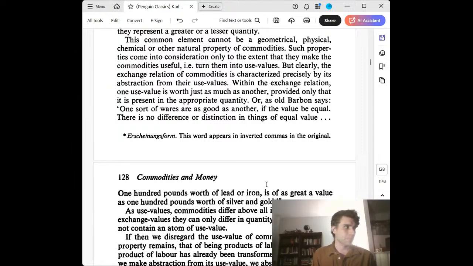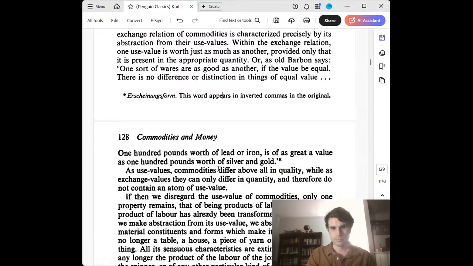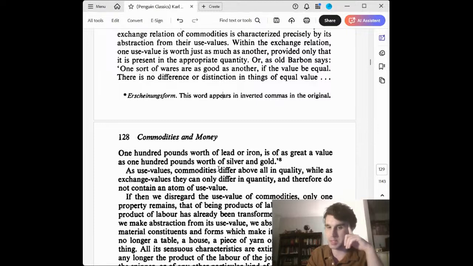Similarly, $100 worth of feathers or $100 worth of iron are both $100. And so the price here abstracts from whatever particular type of thing it's a price of in a similar way. And so it abstracts from the use values because it abstracts from all the material properties.